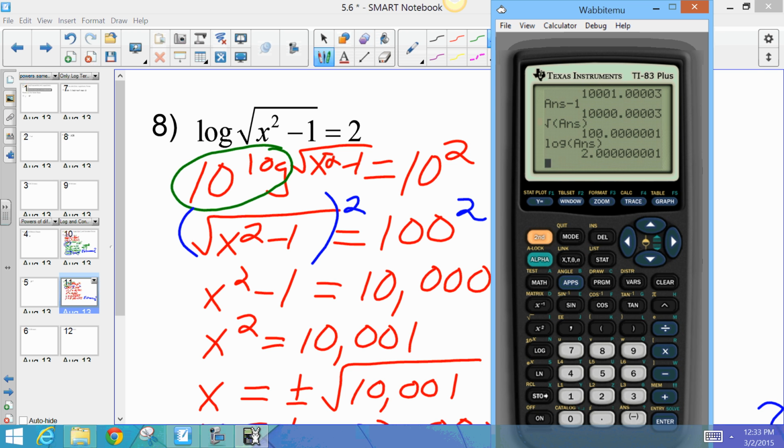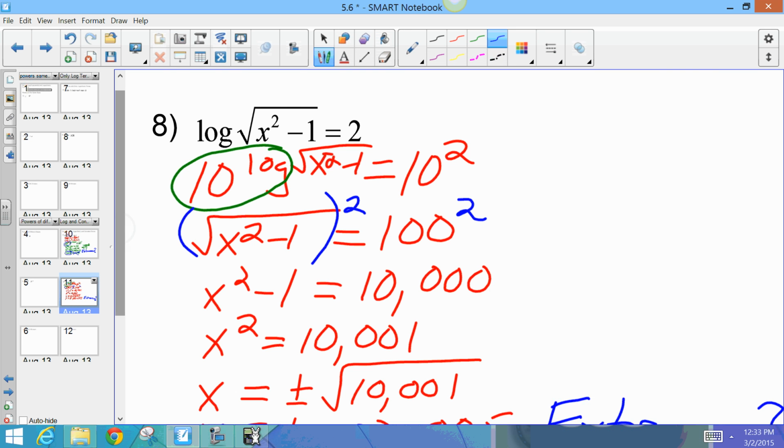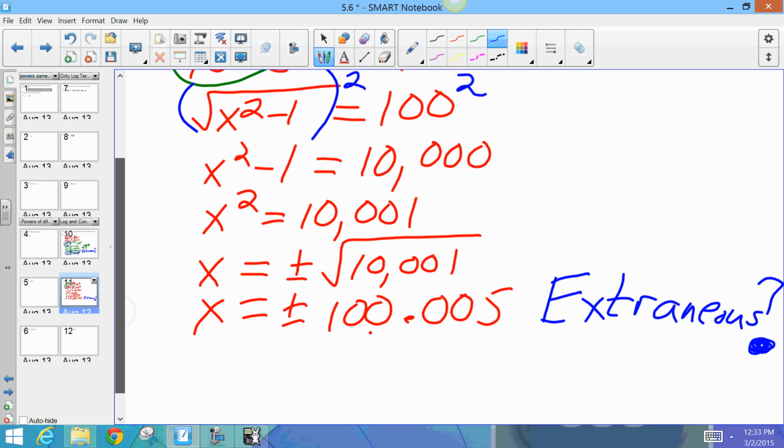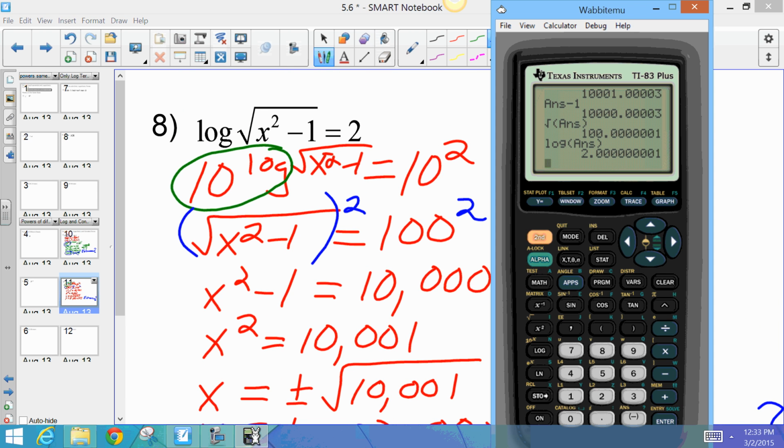But now I want to check the negative. Remember, we had positive and negative 100.005. So now I want to check negative 100.005. And here's the key: when I take that negative and square it, it becomes positive, and so the negative goes away.